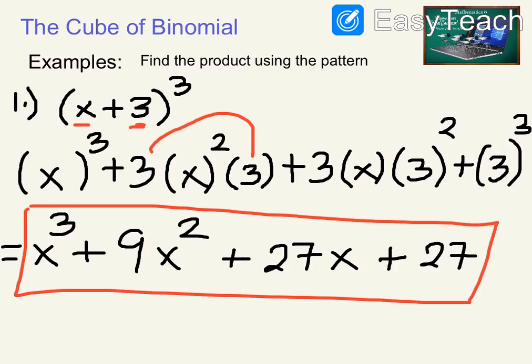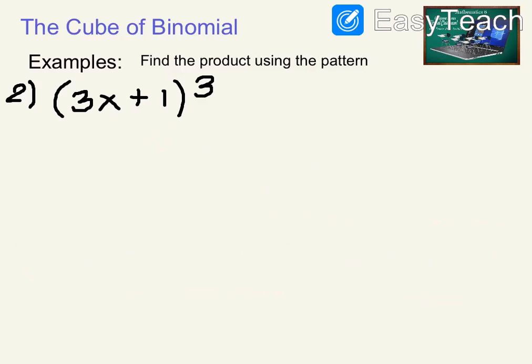Okay, next is, let us have 3x plus 1 all over raised to the third power. So again, you're going to make a plot here, or make a pattern here. So again, the first term should be in the third power, followed by multiplied by thrice the first term.